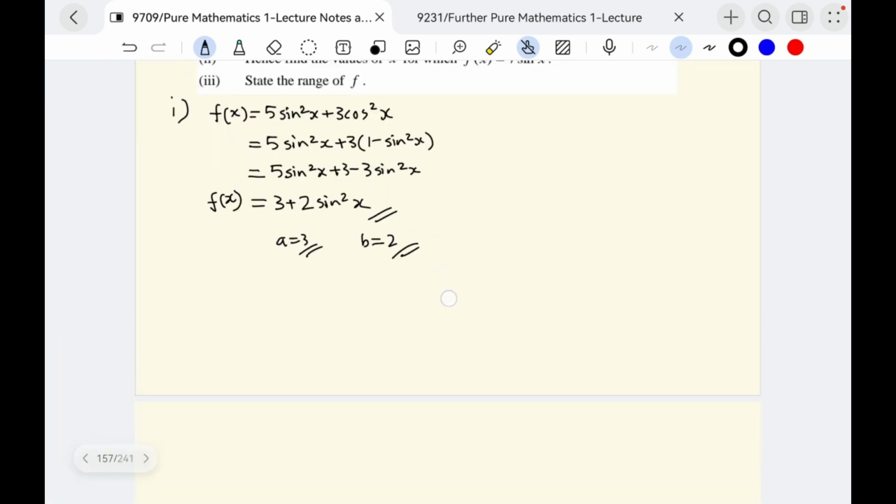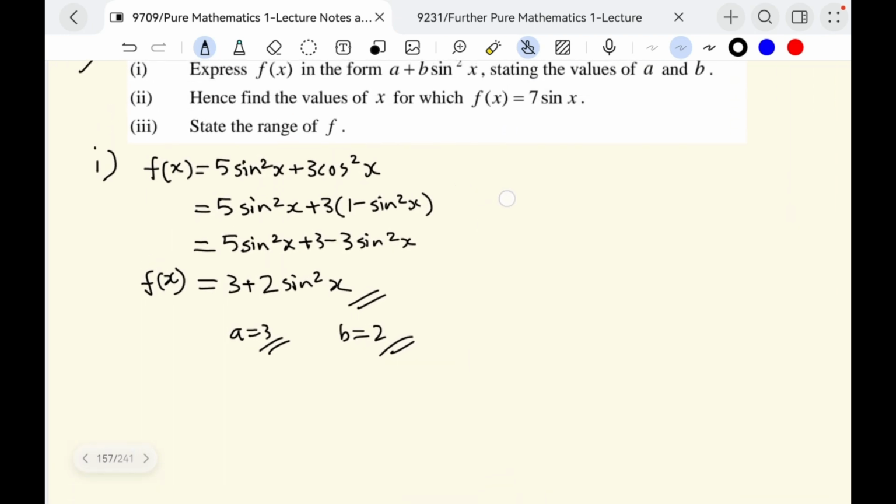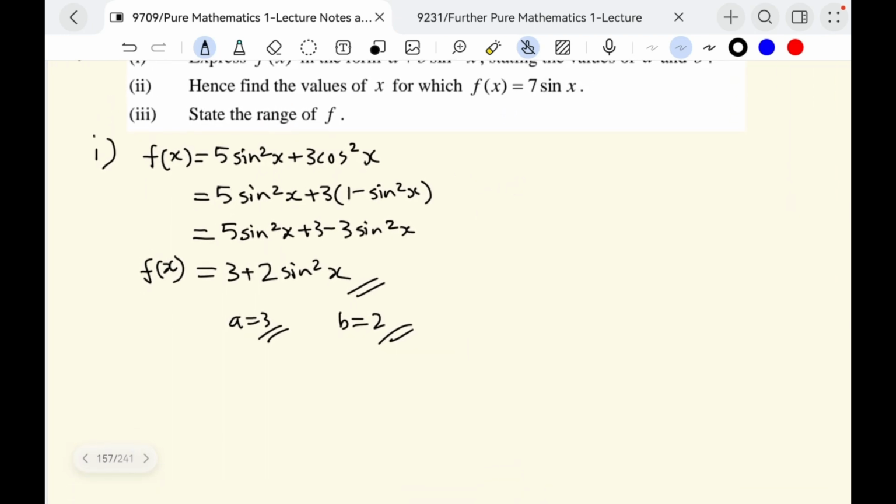Second part. Hence, find the values of x for which f(x) equals 7 sine x. So just equate f(x) to 7 sine x, or 3 plus 2 sine square x equals 7 sine x.